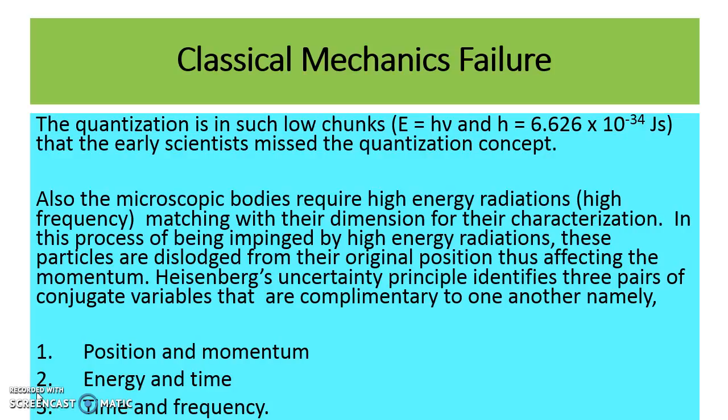Heisenberg's uncertainty principle is able to identify three pairs of conjugate variables which are complementary to one another.